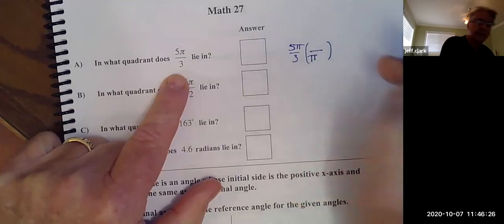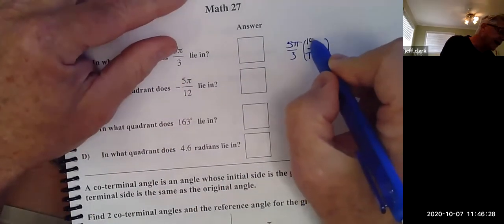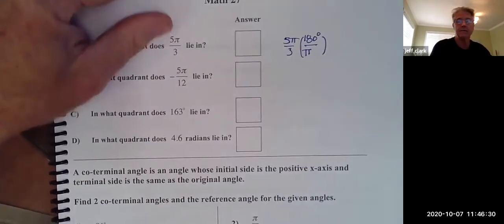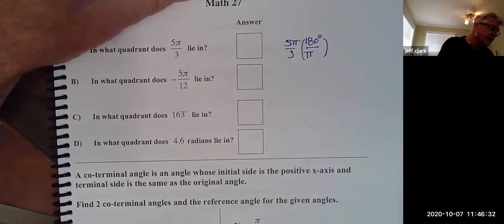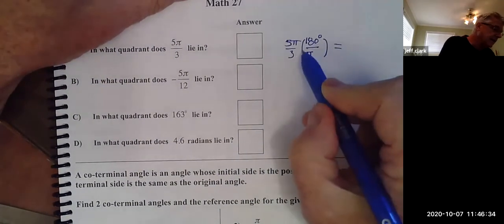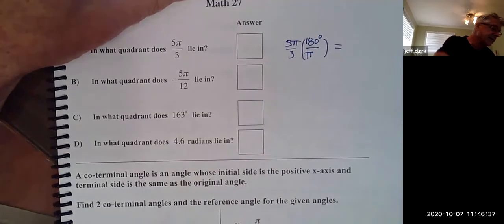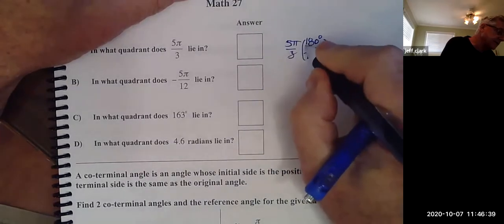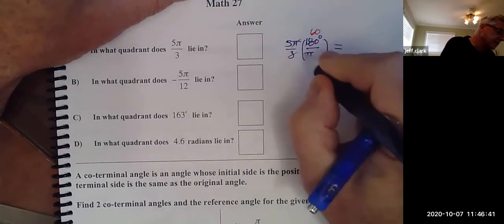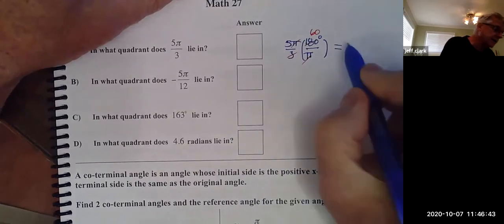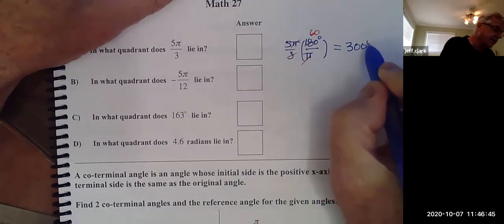Put a pi down there to get rid of it, and then the 180 degrees up here. The pi's go away, and the 3 goes into 180 60 times. Multiply straight across, and we get 300 degrees.